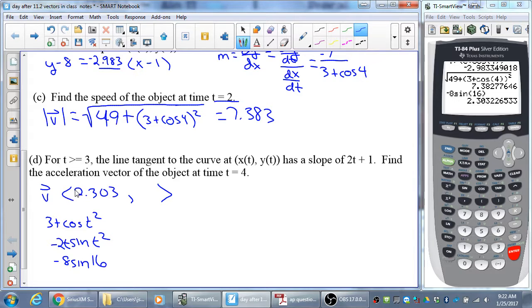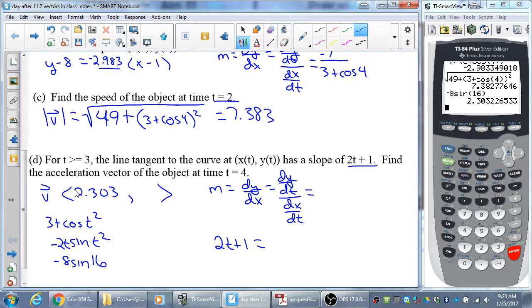I need to find the derivative of y so I can take the derivative of that and plug in 4. Well, we know that slope is equal to dy/dx, which is dy/dt over dx/dt. They tell us what the slope is. The slope is 2t plus 1. They tell us what the overall slope is.